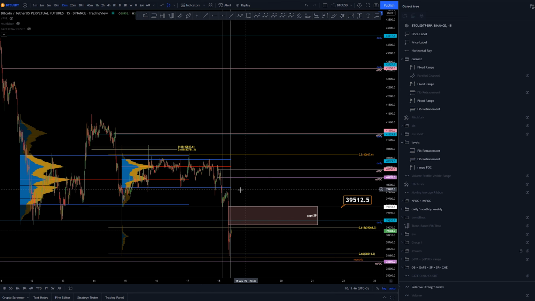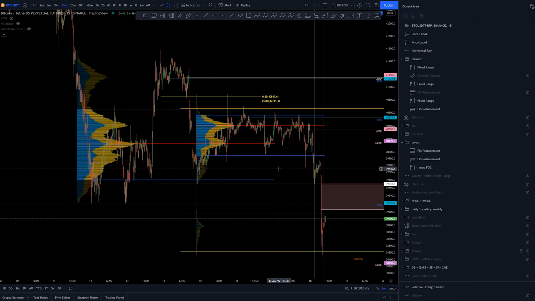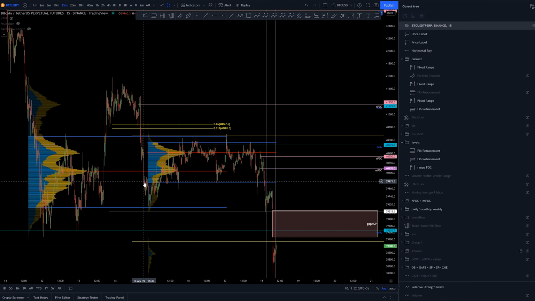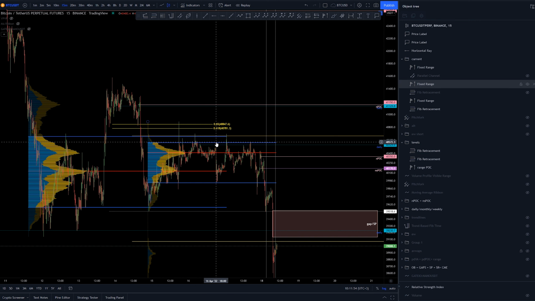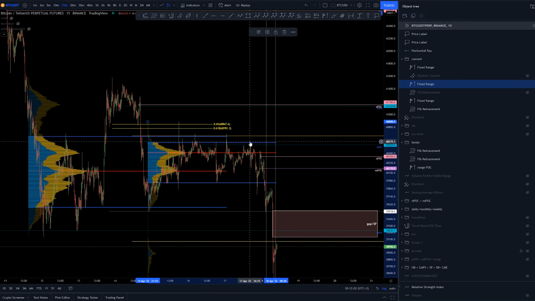Then we had established this smaller range, and again, as you can see, there was plenty of highs and lows that are definitely established and that could be traded as the range went on.